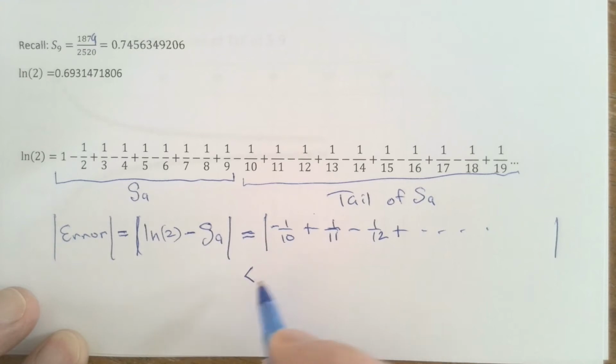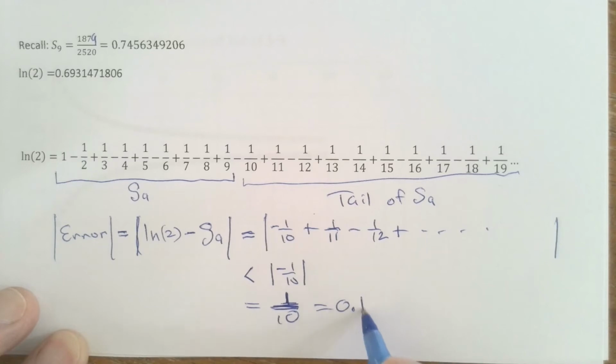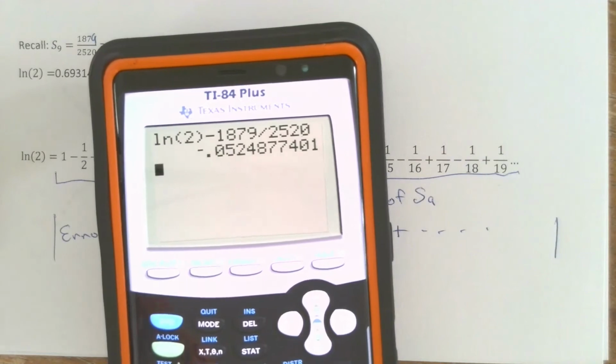So I'd write less than the absolute value of the first term, which is 1/10 or 0.1. And that's how I know my error is no worse than that. It has everything to do with the first term of the tail. And indeed, if you look at the absolute value, my error is smaller than 0.1.